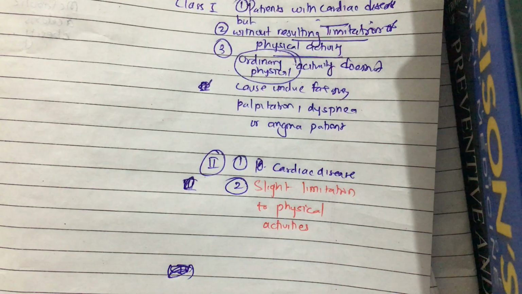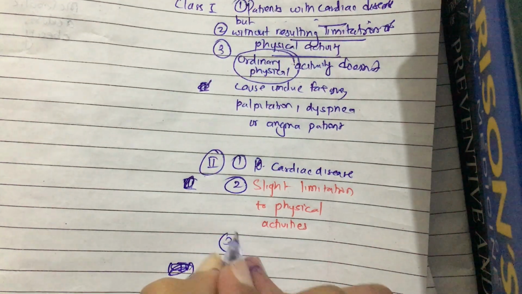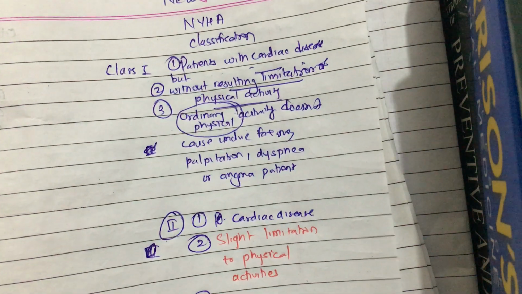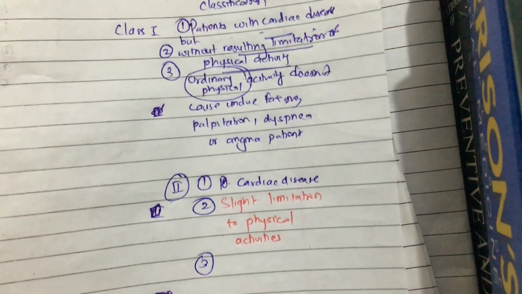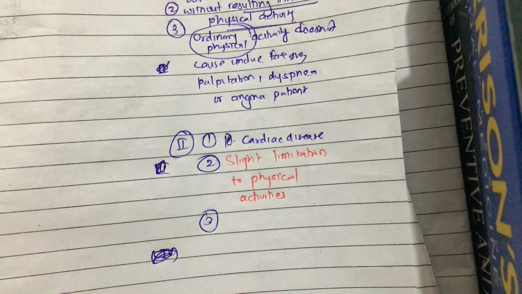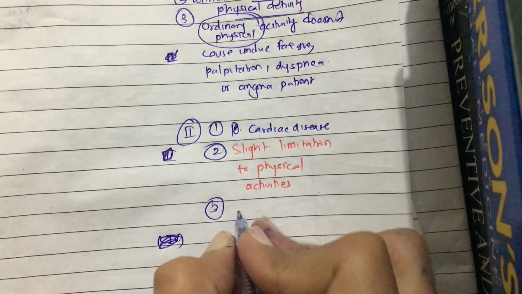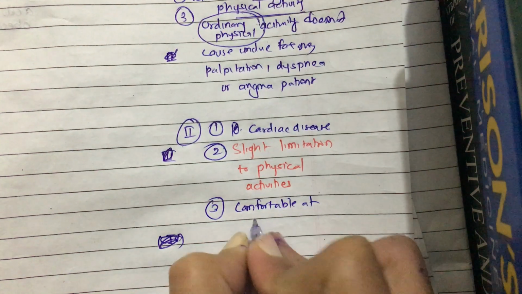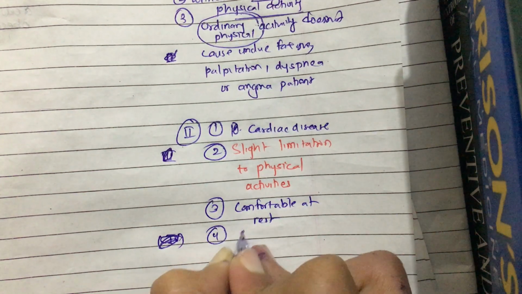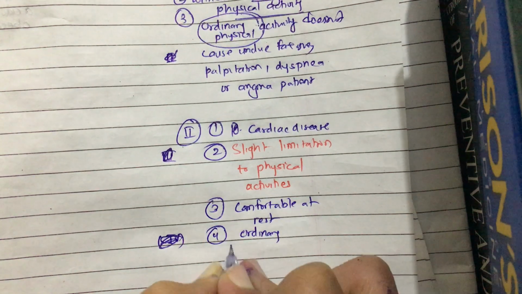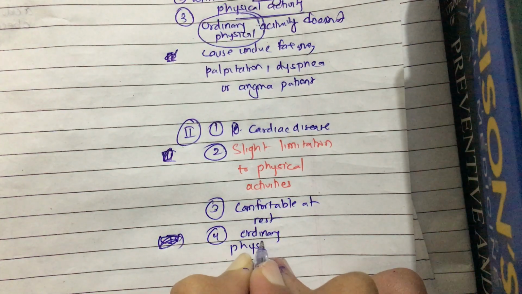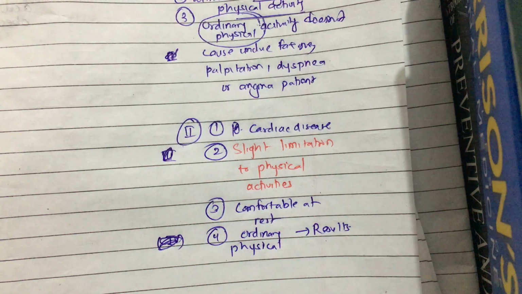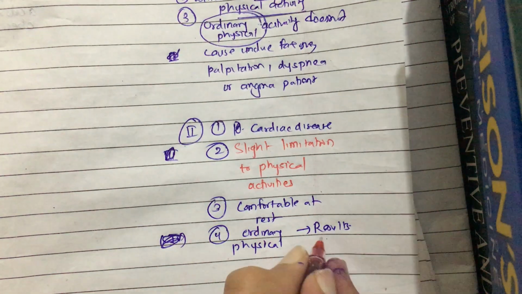And third point, in NYHA classification 1, the ordinary physical activity does not cause any undue fatigue, palpitation, dyspnea or anginal pain, whereas in class 2, they are comfortable at rest, but ordinary physical activity results in undue fatigue, palpitation or dyspnea or anginal pain.